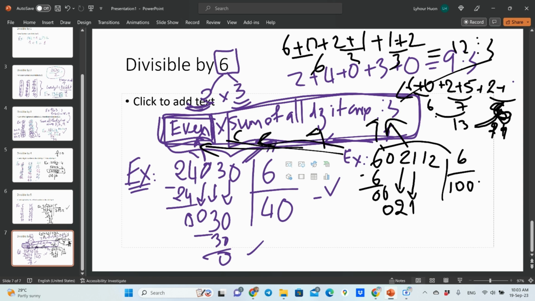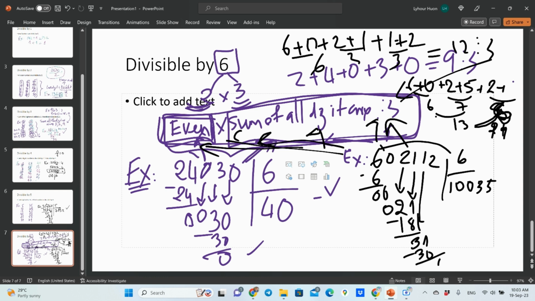It's 3. Yeah, 6 times 3 is 18. So it's 3 here. We drop the 1 here. How many times does 6 go into 31? 5, yes. 5 times 6 is 30.